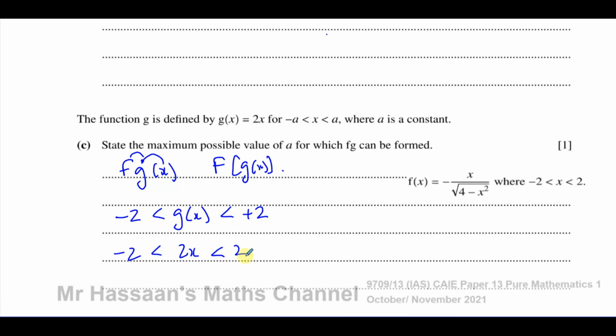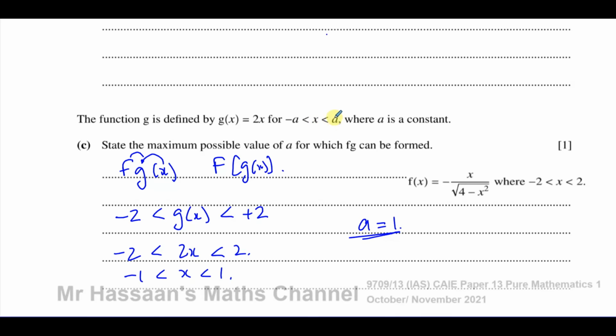If we solve this inequality, dividing everything by 2, you get minus 1 is less than x, which is less than 1. So we know a has to equal 1. The maximum possible value for a is 1.